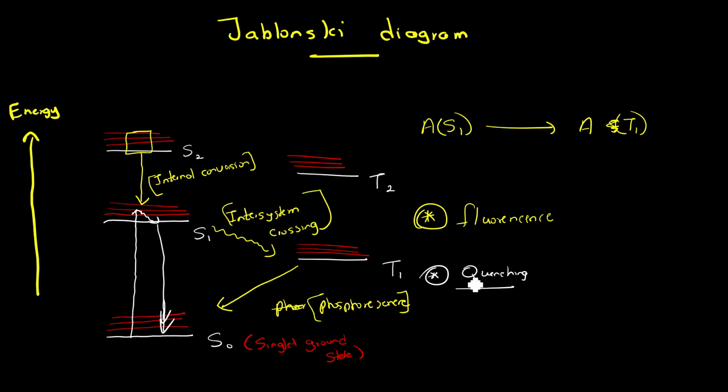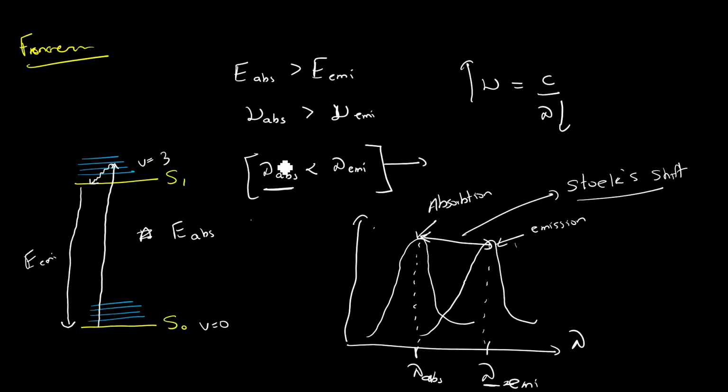For now, what you need to understand is that when fluorescence happens, there will be an emission path. Now when you have a quencher molecule inside your system, what the quencher will do is absorb this emission energy, which will deviate this shift further.